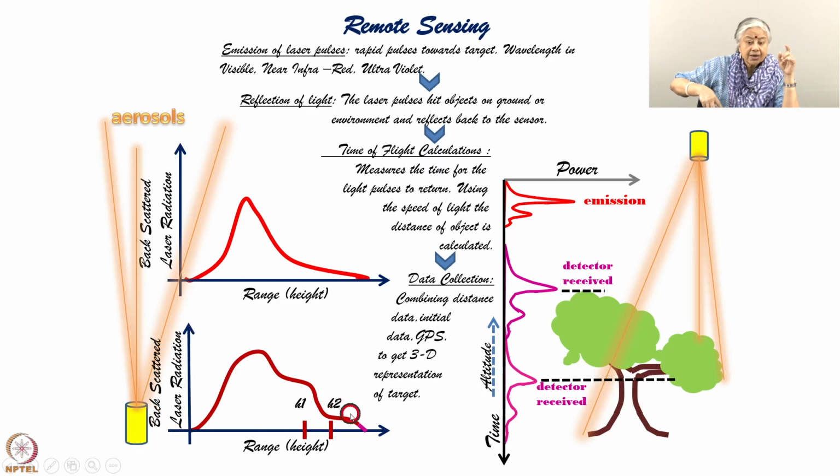Okay. So you get a height. So the pulse that is coming back is not just the time between the emission pulse and the detected pulse. There is more to it. If you see the way the pulse has changed its shape, that also gives you a lot of information.